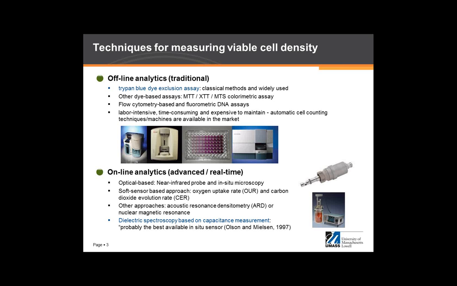And then after that, a few other soft sensor-based approaches came out, used for estimating oxygen uptake rate and CER, the carbon dioxide evolution rate, or some nuclear magnetic resonance based technology that people are saying can measure cell metabolics and all that information.